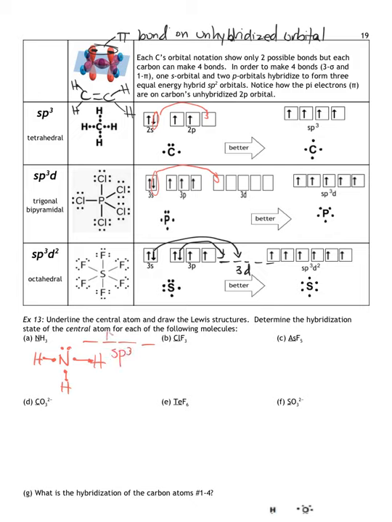And of course, 3 of these will be unpaired for each of the hydrogens to bond there. And then one of them is going to be paired up. Now, you can put that paired one in the back if you want, or the front. It doesn't matter, or even in the middle. Ultimately, these are equal energy orbitals that are hybridized, and they're called sp3.